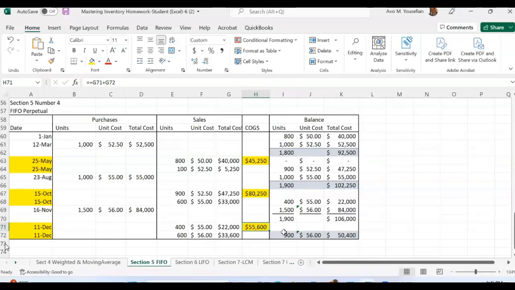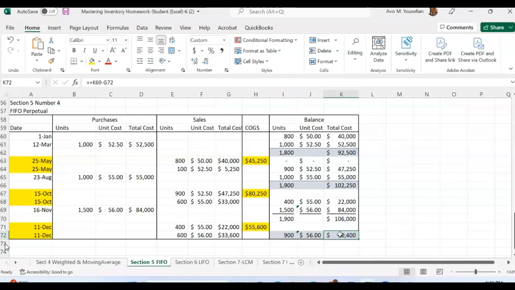Now, what is left? The top layer is gone. From the second layer here, you have 600 units gone, right? So just 900 is left. 900 at $56, right? And that's the total cost, 50,400. Make sense?